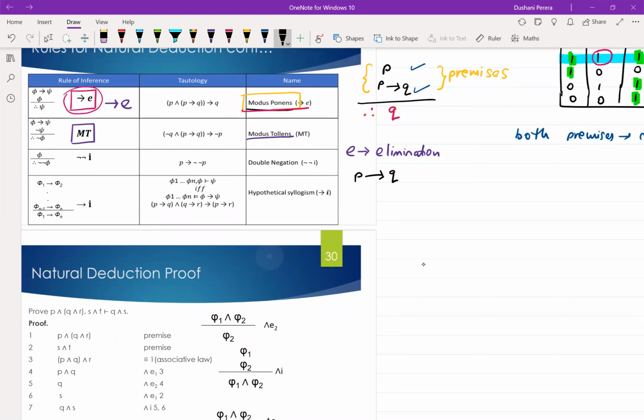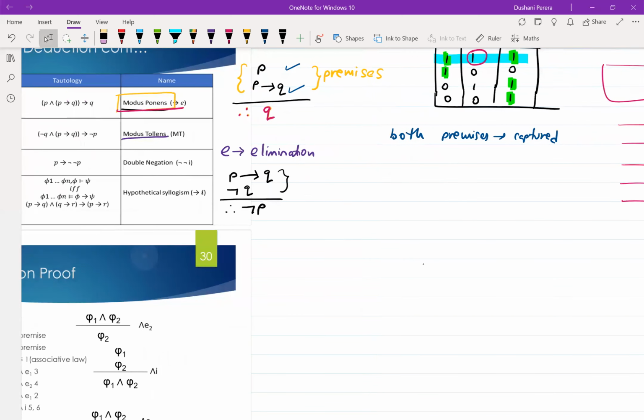You have P implies Q. Then you have negation of Q. Then they say that your derivation would be negation of P. These are the two premises you are given. Then the derivation is that negation P is true. Conclusion. So let's see how that comes.